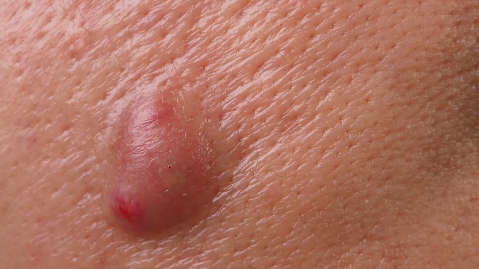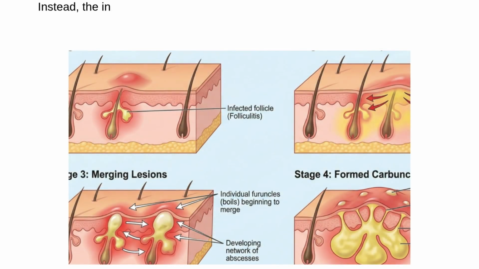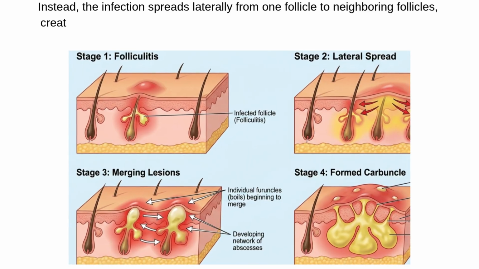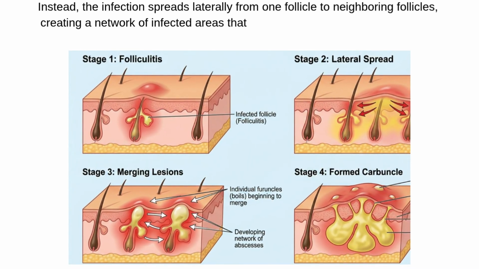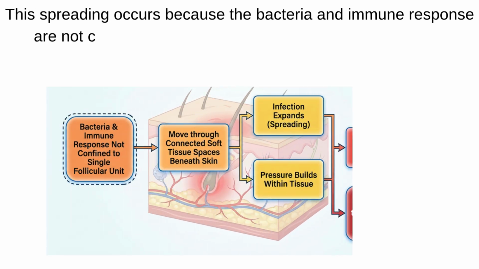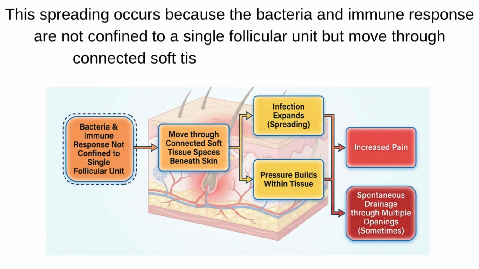In the case of a carbuncle, this process does not remain isolated. Instead, the infection spreads laterally from one follicle to neighboring follicles, creating a network of infected areas that eventually merge into a larger, more complex lesion. This spreading occurs because the bacteria and immune response are not confined to a singular follicular unit, but move through connective soft tissue spaces beneath the skin.